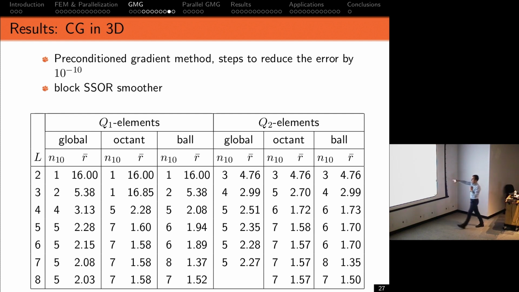If you just look at the N10, this is the number of CG iterations I need to get the residual down by 10 orders of magnitude, and you see it's constant and constant that way, so everything is good, right? And so the operations I do is O of n, and I need a constant number of iterations on different refinement levels. So this works, even adaptively refined, everything seems to be good.